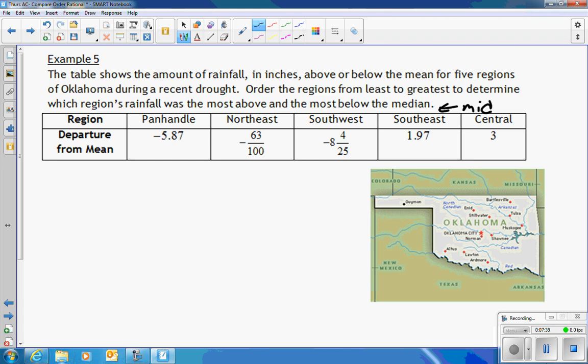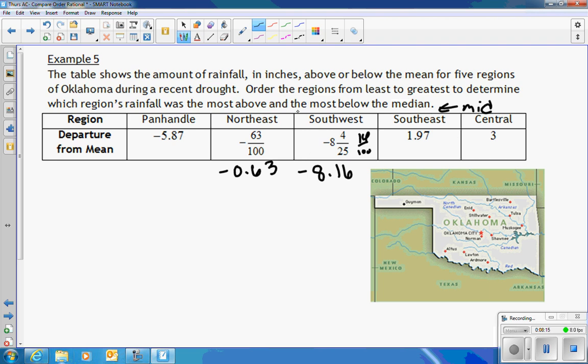So we have -63 over 100, that is the same thing as -0.63. 4 over 25, if you do the division, that one's going to be 16 over 100, which is 0.16. So this is -8.16. You could also do this using division. I chose to take it out of 100, and the rest of them are already there.